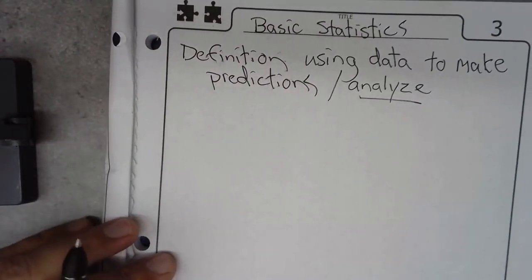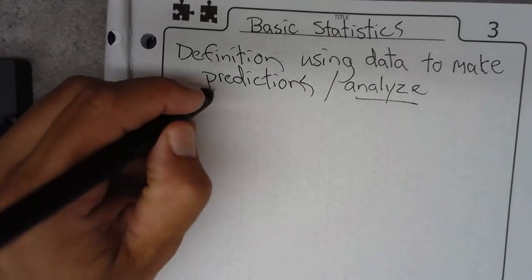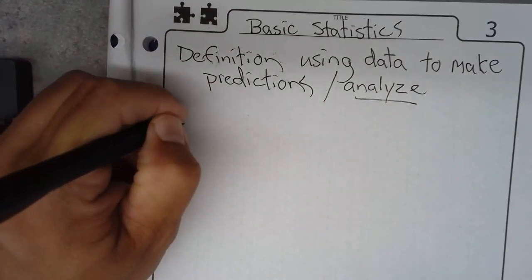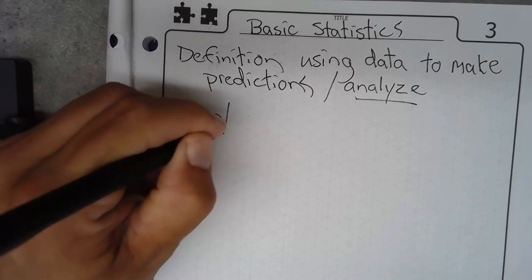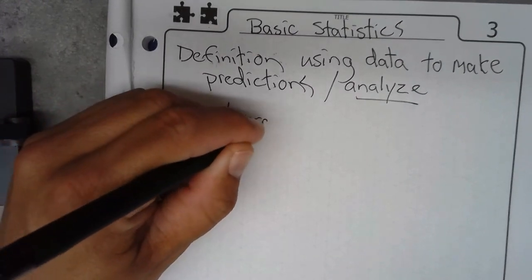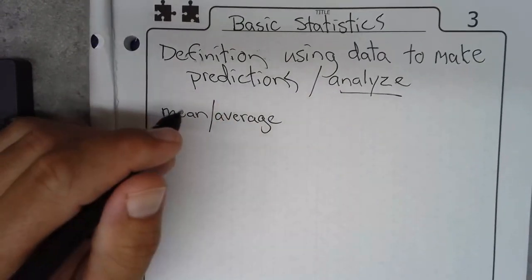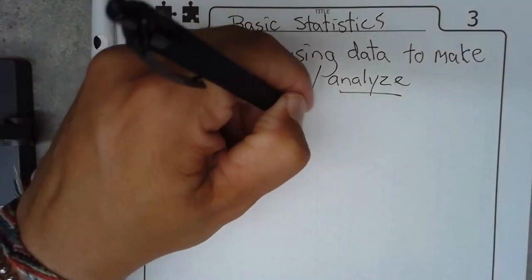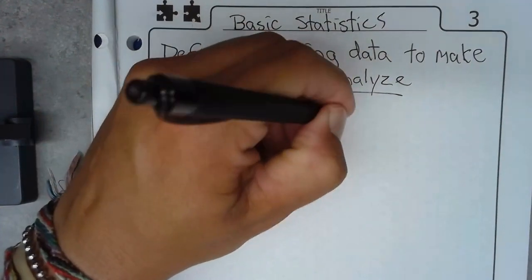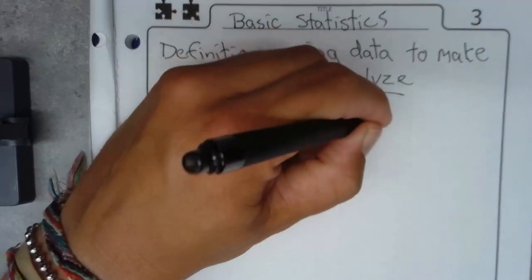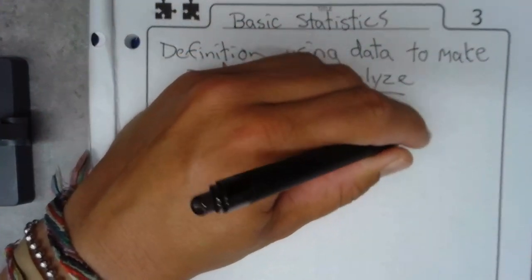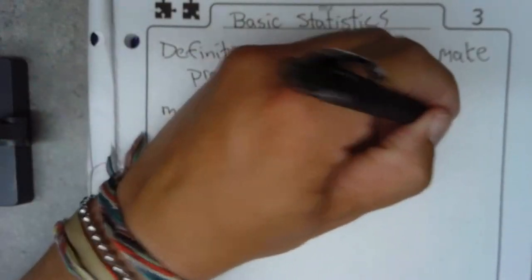Sorry, it was a little bit blurry. All right, so a couple you probably already know: mean slash average. Assuming you're in high school right now, you should know what those things are. But basically, if you have some data, you could have more data.